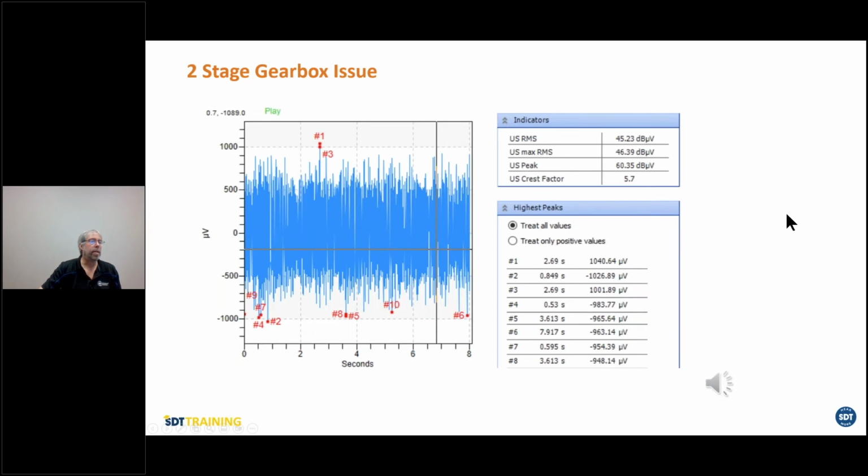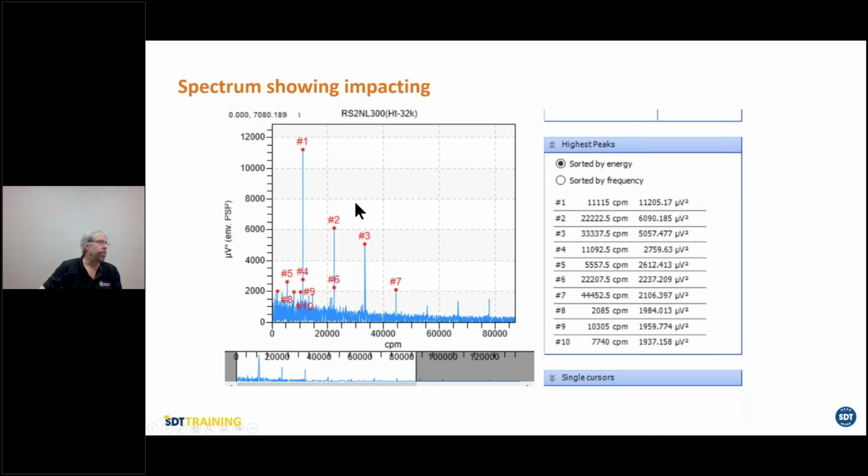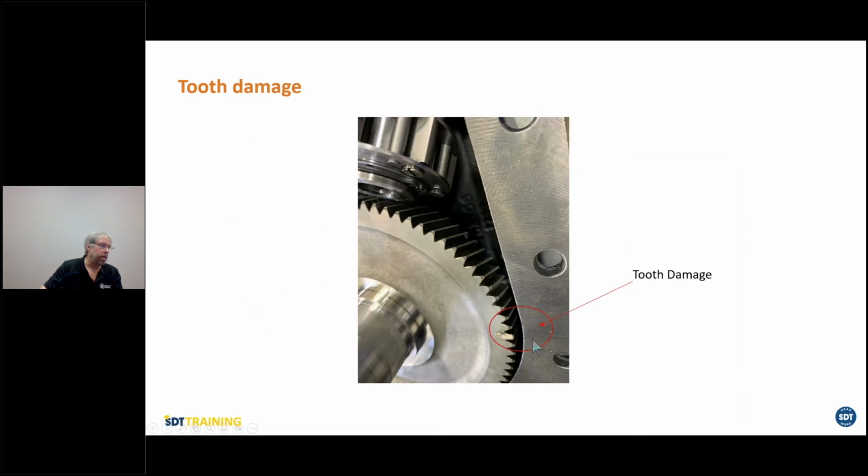But the moment I look at the spectrum, oh, jeez, look at that, ping, ping, ping, ping. And look at the frequencies. This is geometrically the number of teeth times RPM, and I got harmonics in my ultrasound signal. Is there a problem? Just open up the gearbox. Look at that. Tooth damage. Detected by ultrasound, it did not see too much in vibration.